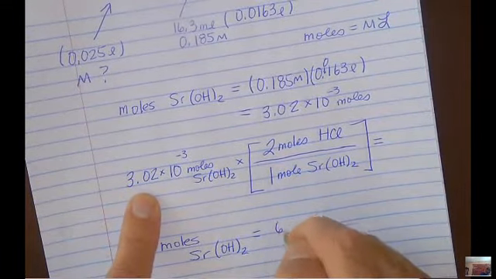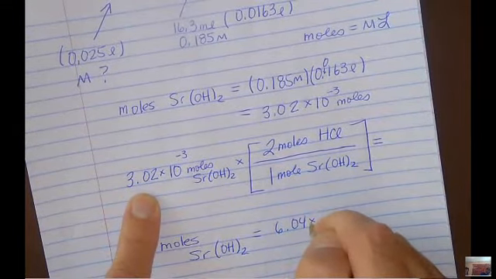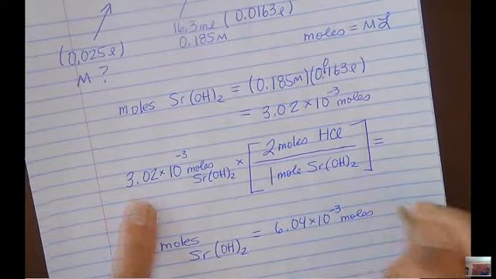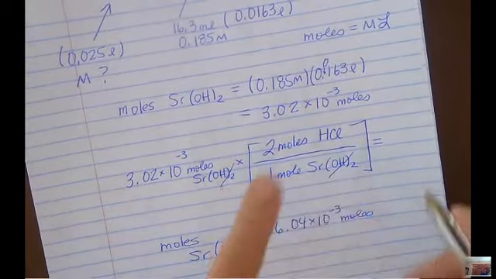So that's going to be 6.04 times 10 to the minus 3 moles. And it's changed now to HCl. Okay, and what would the last step be? They wanted to know the concentration. Oops, sorry. This is the moles of HCl. So 3.02 times 10 to the minus 3 times 2 gives you 6.04.